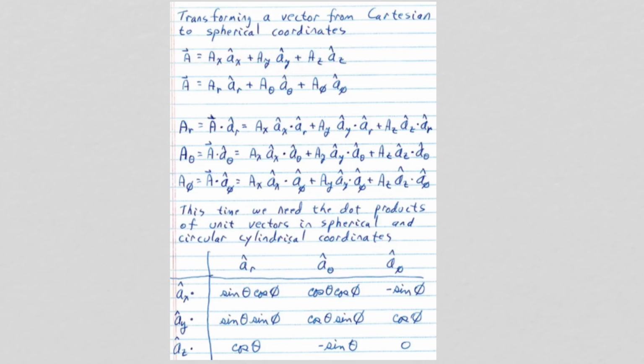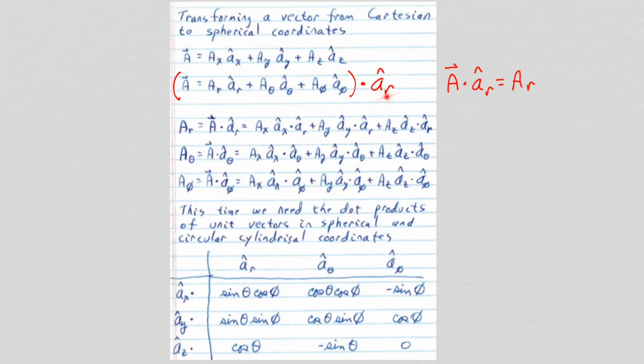If we take this representation and dot both sides by the unit vector in the r direction, on the left-hand side we'll have our vector dotted with our unit vector in the r direction. On the right-hand side, a sub r dot a sub r is 1, so that will just leave the component in the r direction. a sub r dot a theta is 0, and a sub r dot a phi is 0.